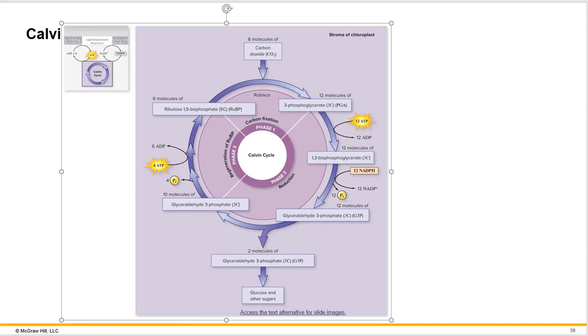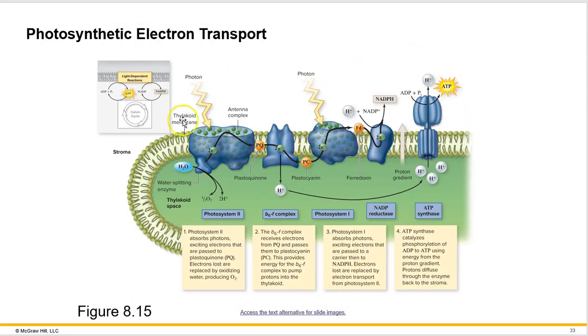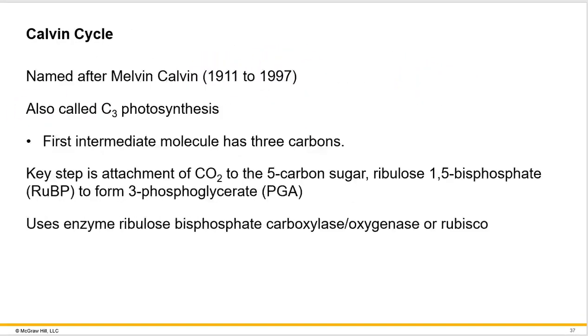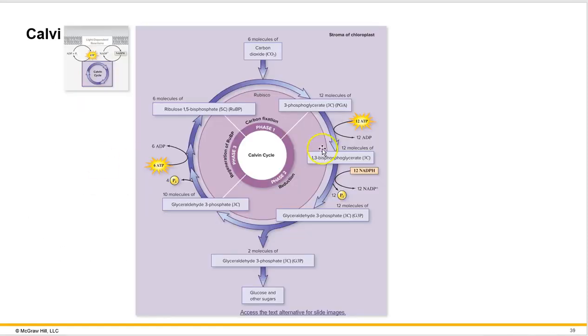sugars. So that's why photosynthesis has 2 parts. This is the first part here, so we just backed up. This is where we're making ATP and NADPH with this energy from photons, and we're using that energy to spin this wheel, right?